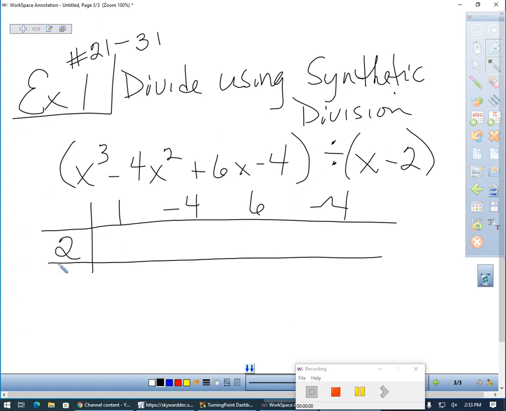Now we bring our first number down. We get 1. Now we multiply. 2 times 1 is 2. Add them together, we get negative 2. Multiply. 2 times negative 2 is negative 4. Add them together, we get positive 2. 2 times 2 is 4. Add those together, we get 0, which means this time we have no remainder.